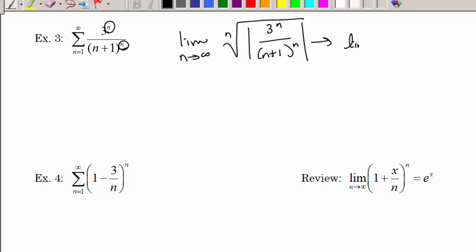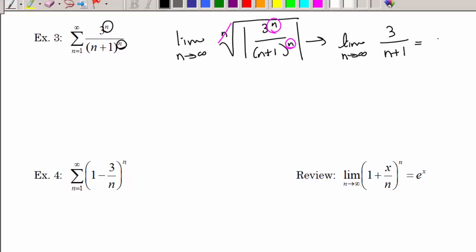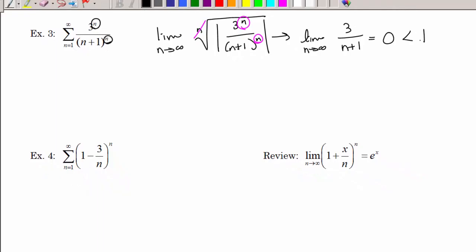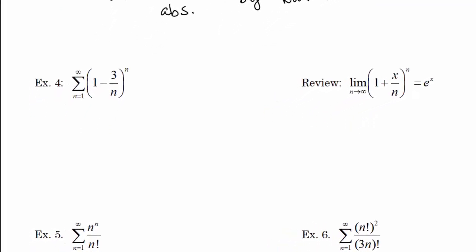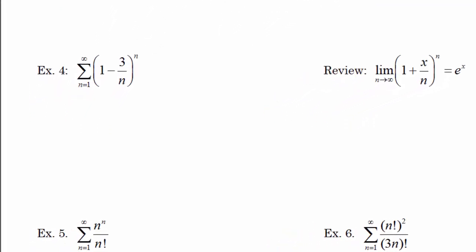That's going to give me the limit as n approaches infinity of 3 over n plus 1, and the limit as n approaches infinity is going to be 0, which is less than 1. So it converges absolutely by the root test. Pretty easy.